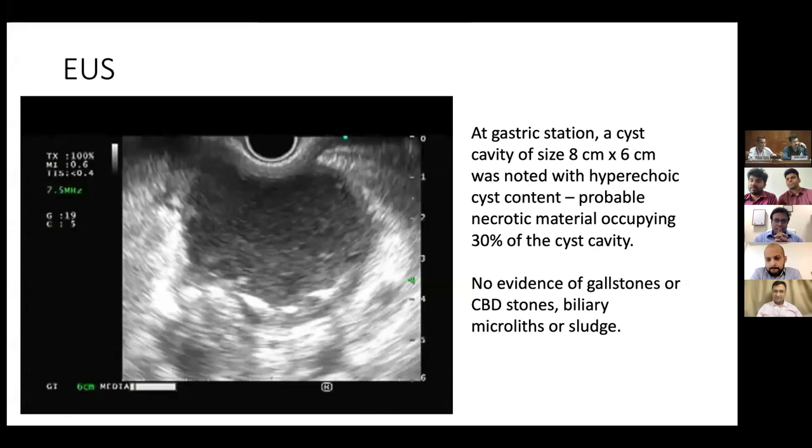Only at ERCP can we fully recognize the disconnected duct. Yeah, so the gold standard for the diagnosis of disconnected pancreatic duct syndrome is ERCP, which obviously is invasive, but that is considered the gold standard for diagnosis.